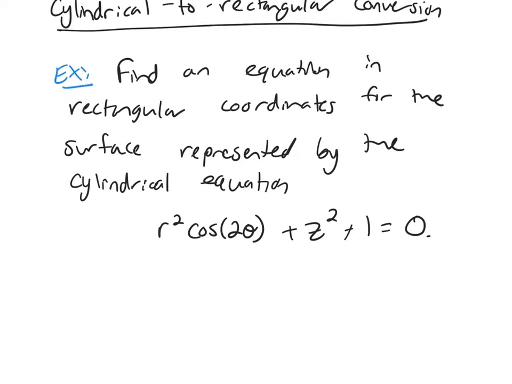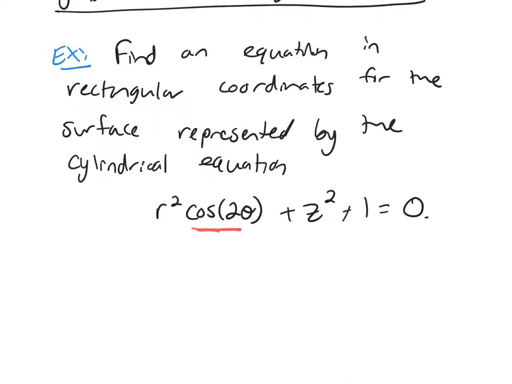So the first thing that kind of jumps out at me is I don't just have cosine of theta, I have cosine of 2 theta. So we need to use an identity for that. We need a double angle identity formula. And so that is the same thing as cosine squared of theta minus sine squared theta.